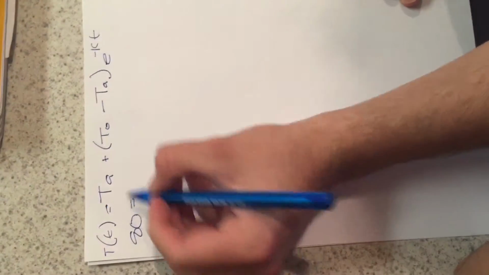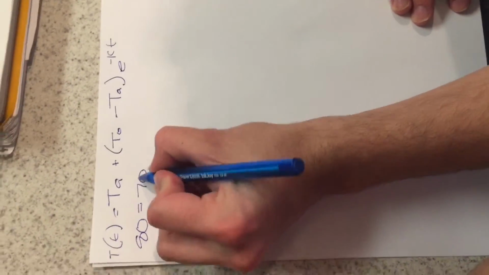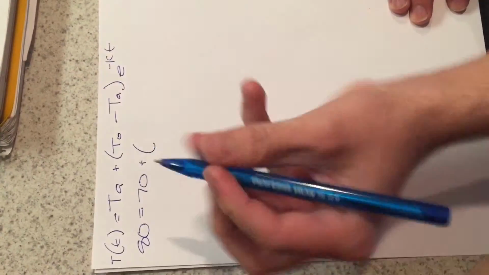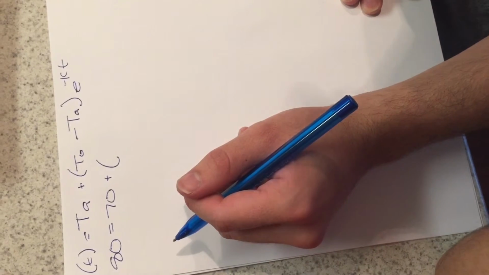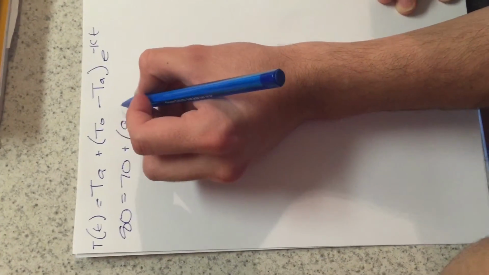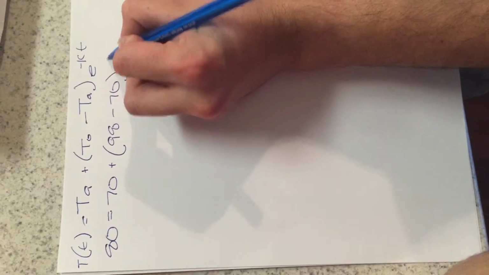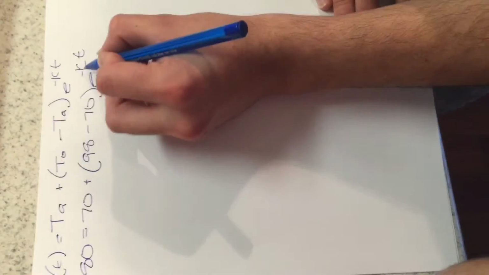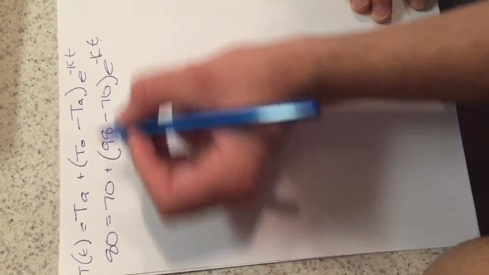Then you're going to do TA, T ambient, which was 70 degrees, plus T object. So humans, they're naturally at a 98 degree Fahrenheit body temperature. So you're going to use it to help you solve your problem. 98 minus 70 again, which is TA. e, negative k to the t. You already know what k is because we solved for it in the last problem. So now we're just solving for t.